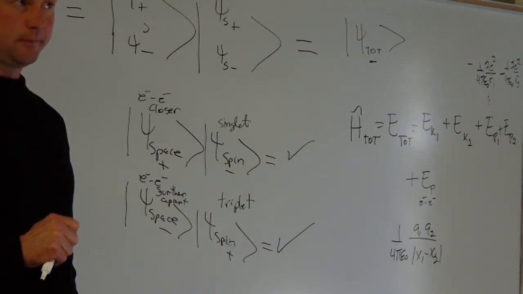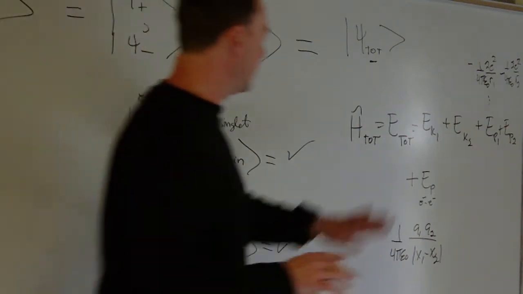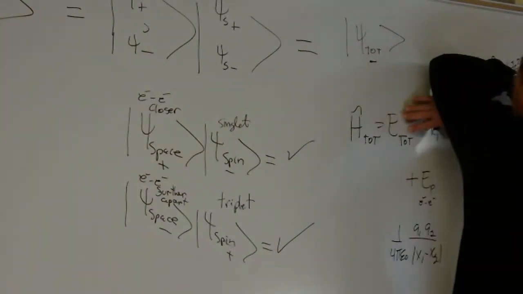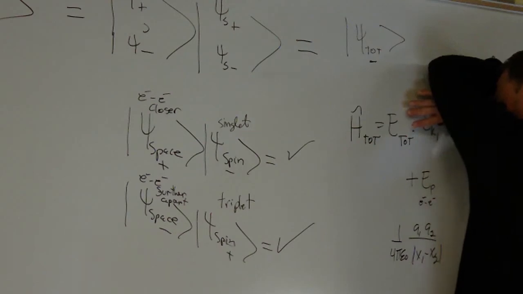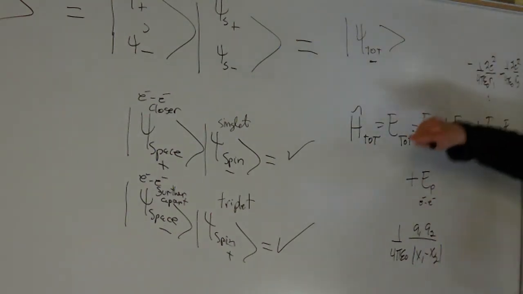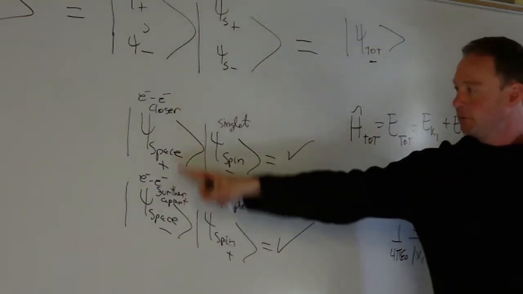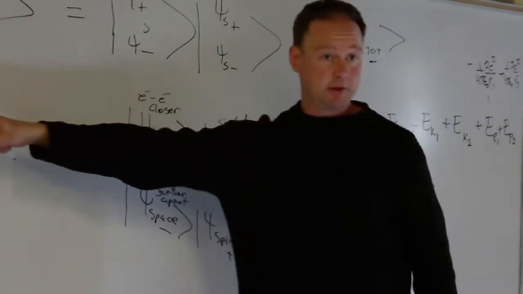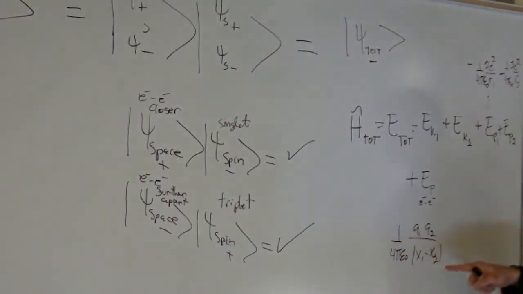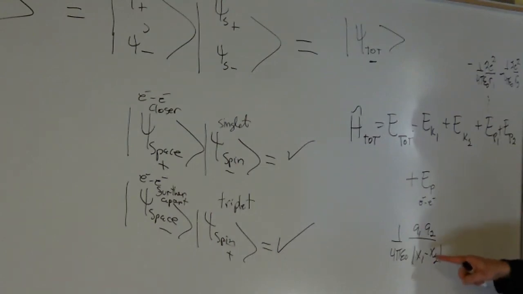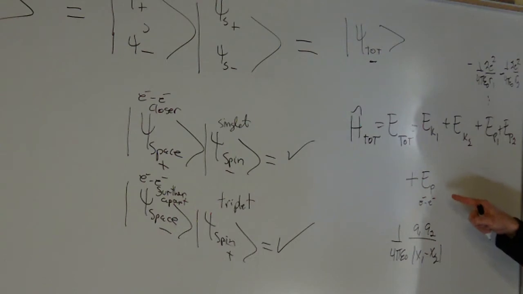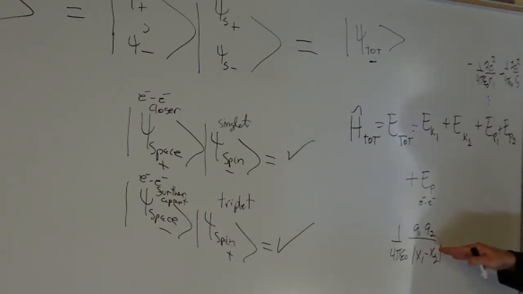Forget about all this term, this doesn't change from one case to the other. The only thing that the spatial one affects is the expectation of the distance between them, so the only thing it affects is this one. Because if they're further apart, that means this x1 minus x2 is going to be bigger, which means it's going to have a smaller number. It's going to be a smaller energy.